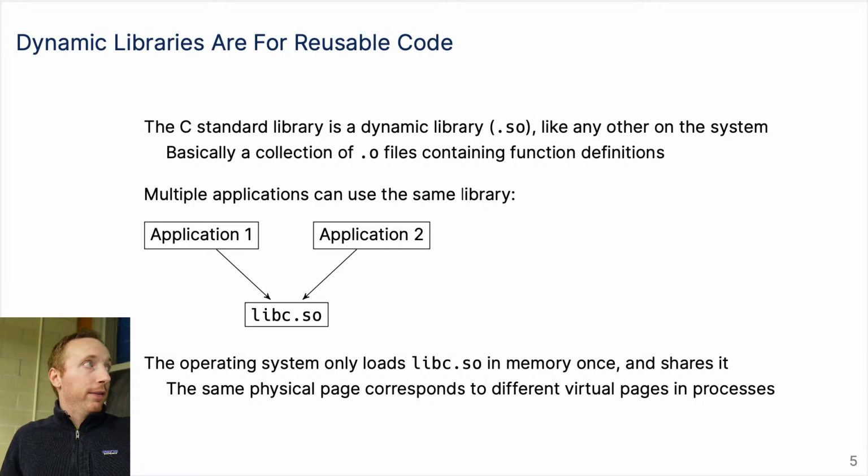So the fun thing is, if you have like 2 applications here, they can both use the C standard library, and then your operating system gets to do some fun tricks.